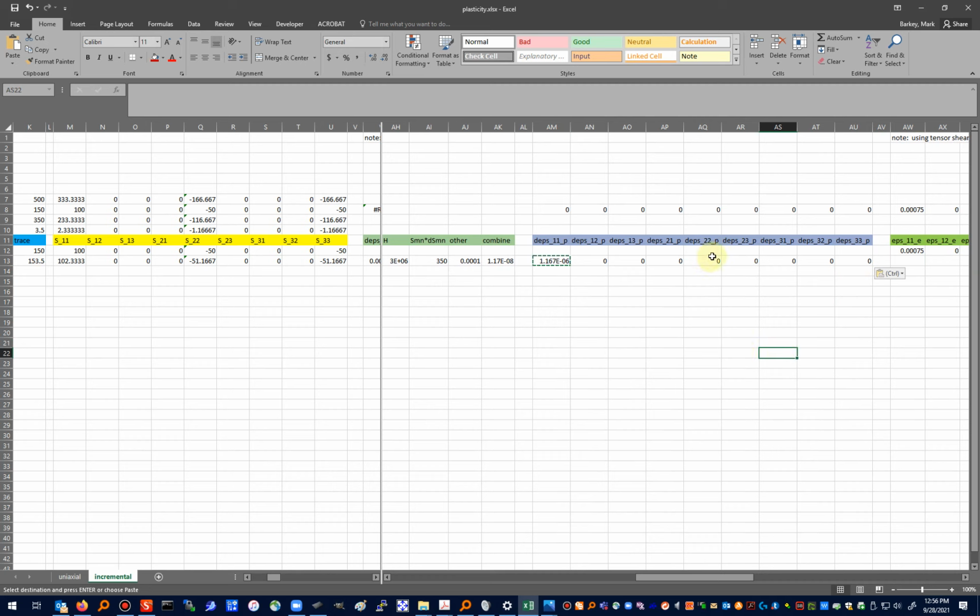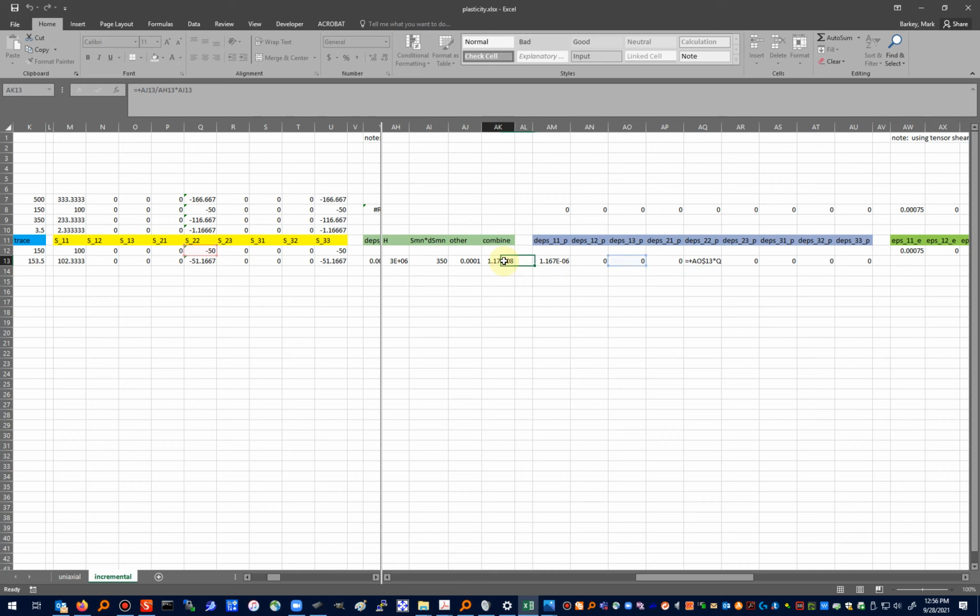Something went wrong because I should have gotten a little bit of 2,2 plastic strain and 3,3 plastic strain. Let me check my formulas out. Okay, something didn't stay fixed.